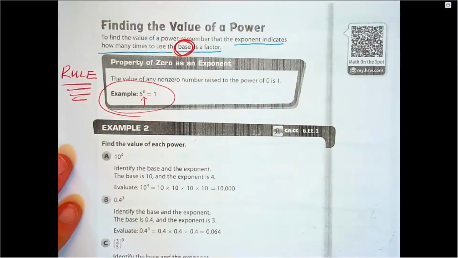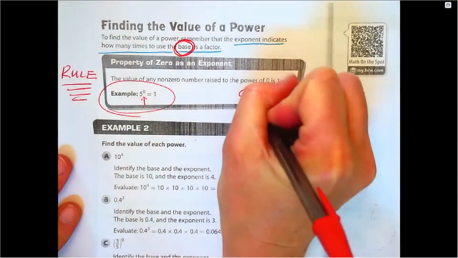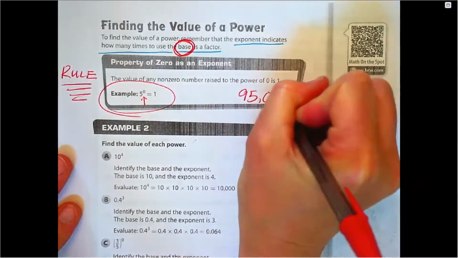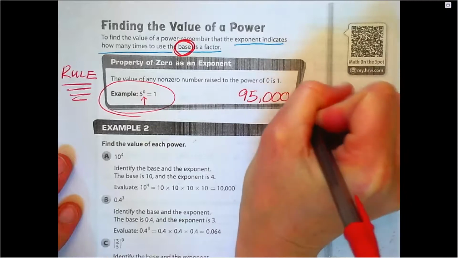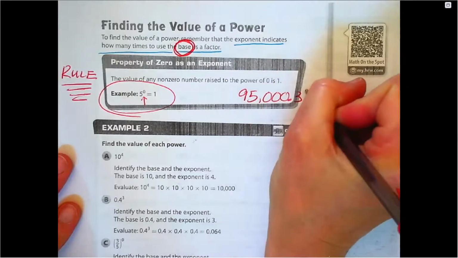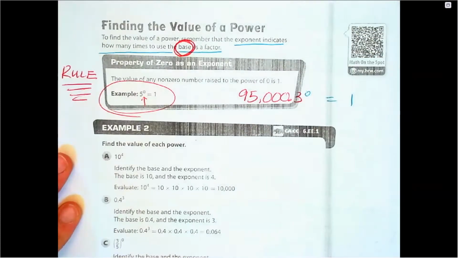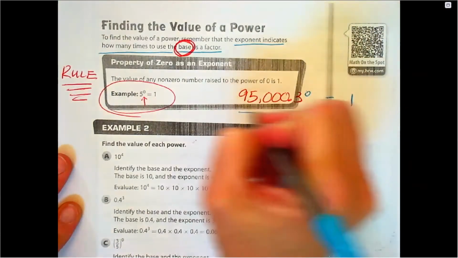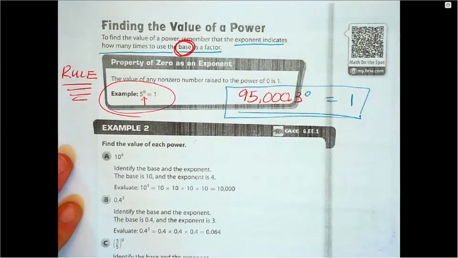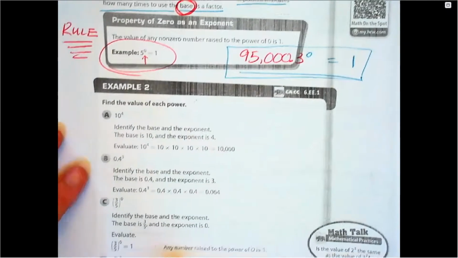Always. So you could have 95,000.3. If I put it to the 0 power, it's 1. Okay? So that's just a little trick you need to put in your brain, a little nugget.